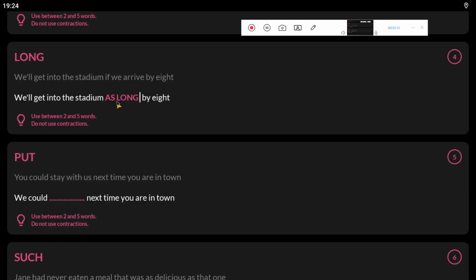As long as what? We will get into the stadium if we arrive by 8. So what is missing here, Adela? As long as we arrive by 8. Perfect. So as long as we arrive by 8. Siempre y cuando lleguemos a las 8.